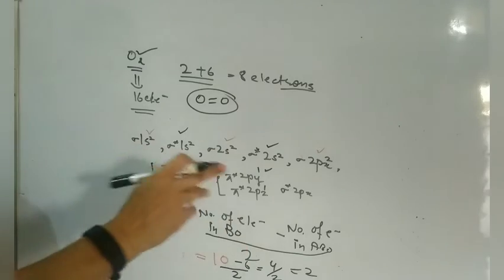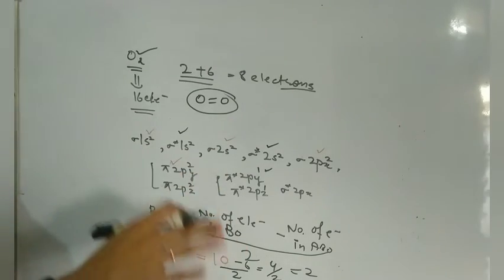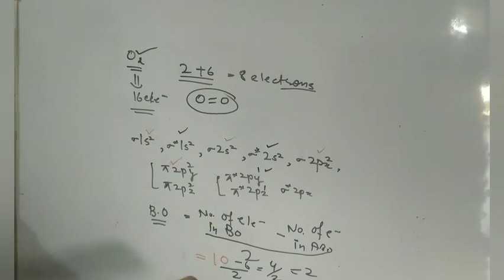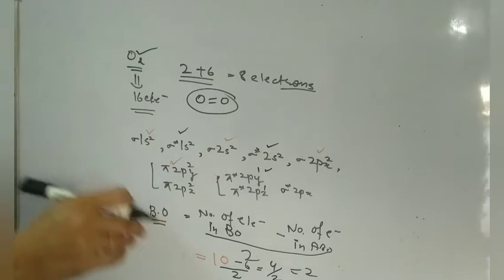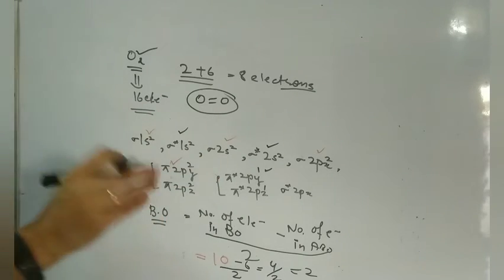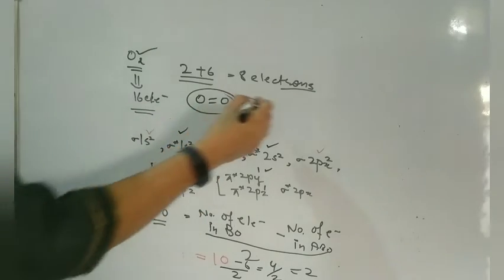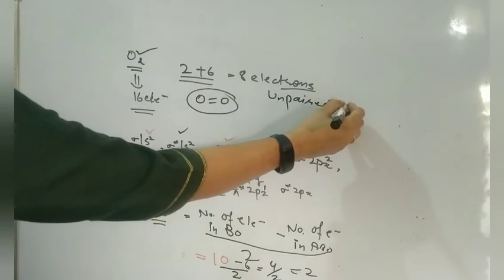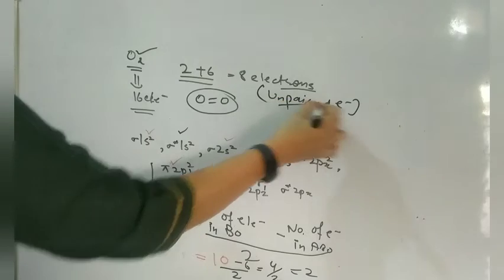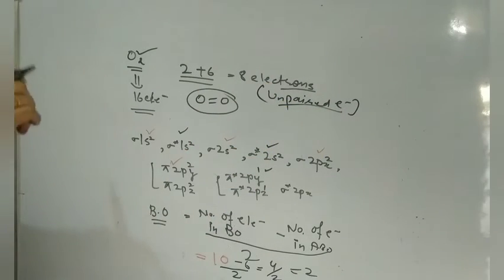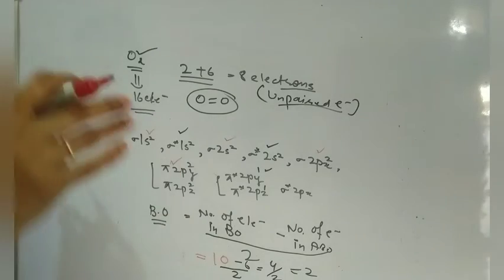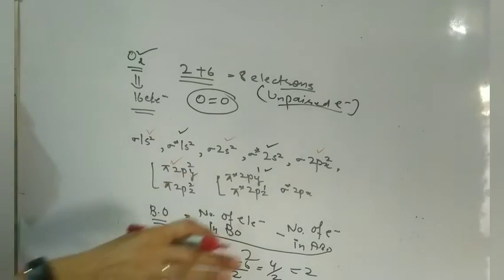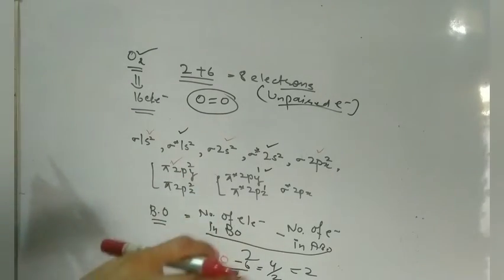Second thing, whether it is diamagnetic or paramagnetic. We know paramagnetic substances are those which are having unpaired electrons. And those which don't carry unpaired electrons, fully paired, or we can say paired orbitals, are called diamagnetic.